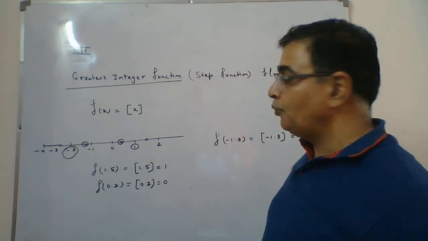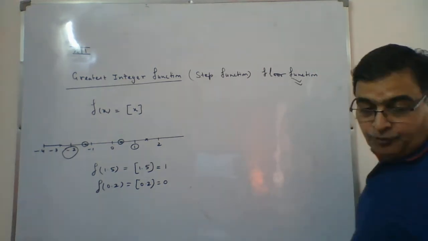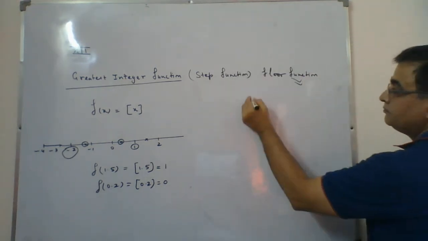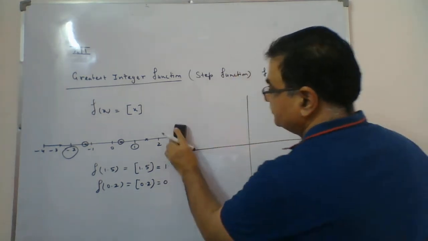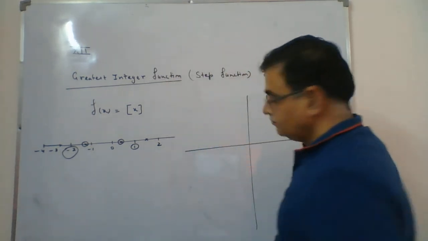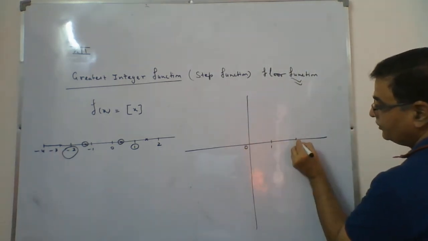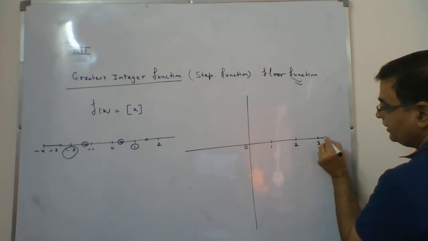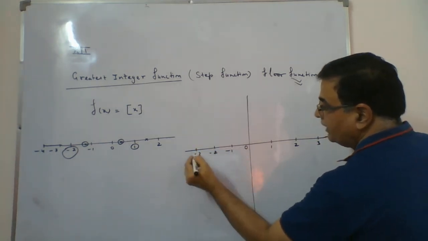Now, if you want to plot this graph, just check, very important one. Its graph is like this. This is 0, this is 1, this is 2, this is 3. Here it comes minus 1, minus 2, minus 3.